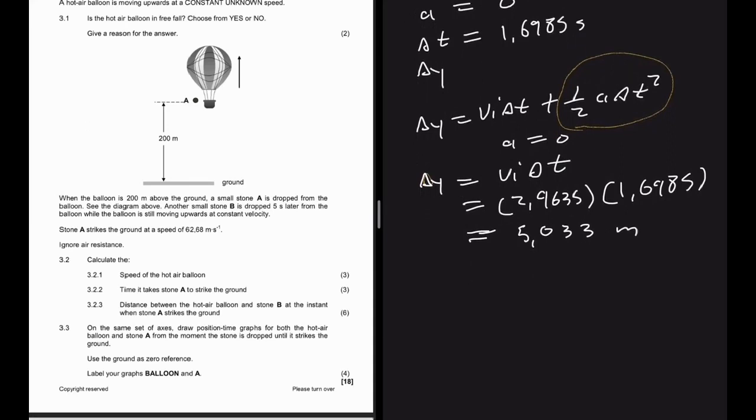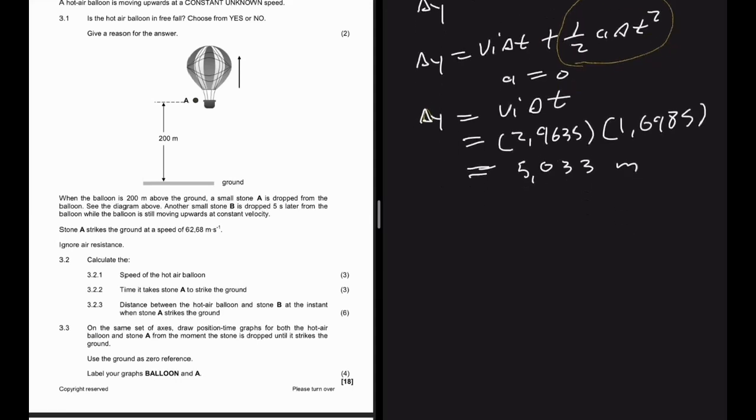This is delta y for our balloon, and now for stone B, we know that vi equals 2.9635. We know that acceleration is minus 9.8 meters per second squared.